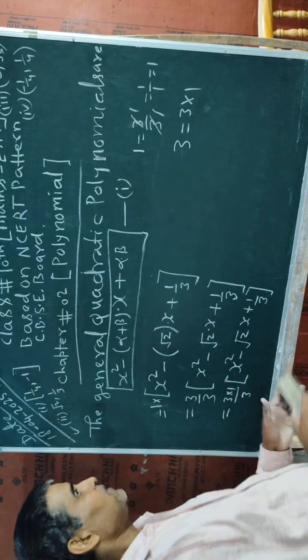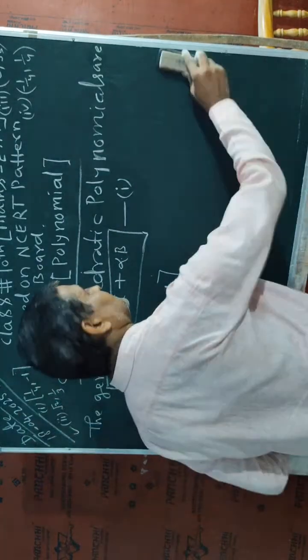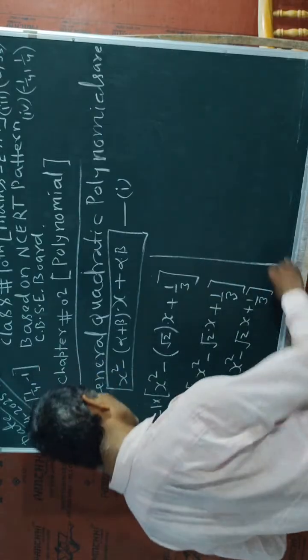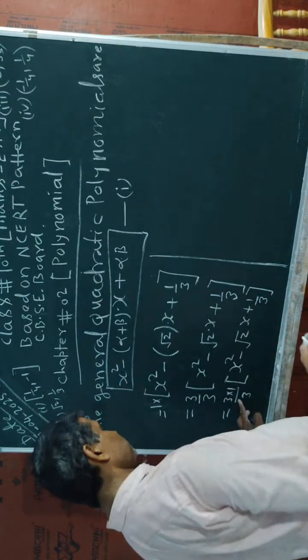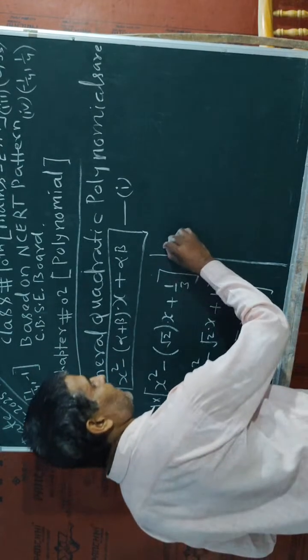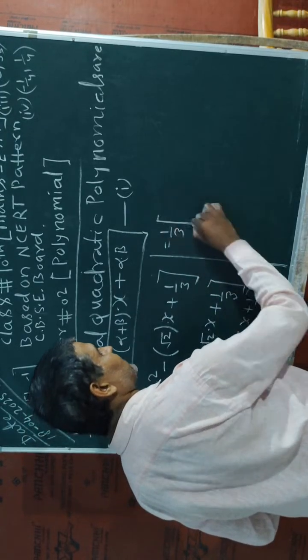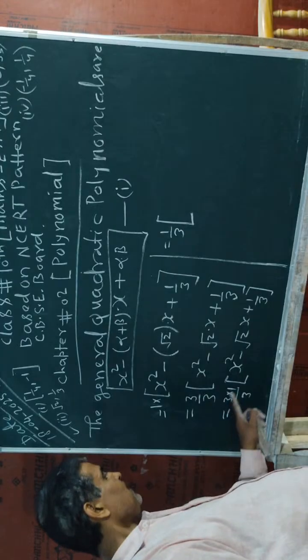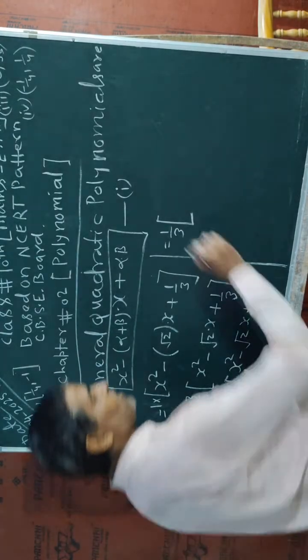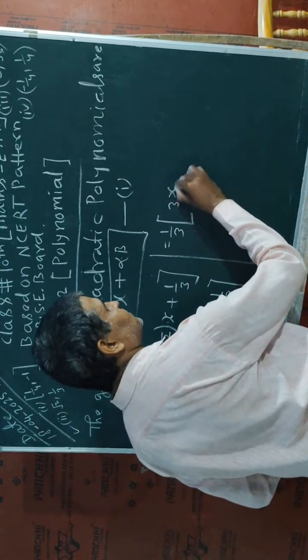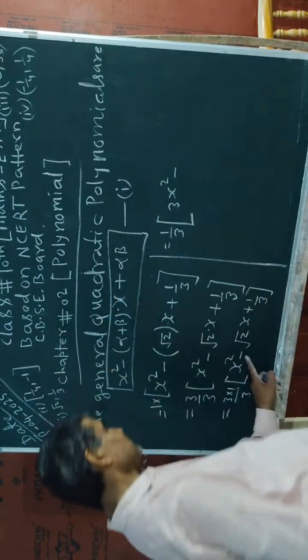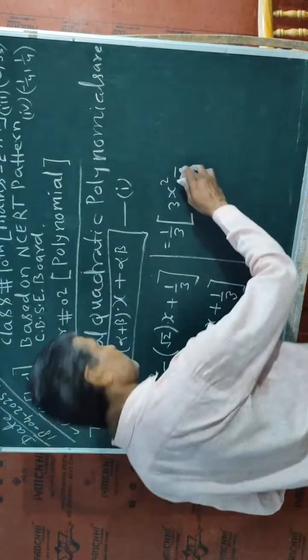After multiplication we will get the expression like this. So 1 by 3 will remain outside the bracket. Now this 3 I will multiply with x square, so that will be 3x square. Now here the minus sign is available, so I will put a minus sign.